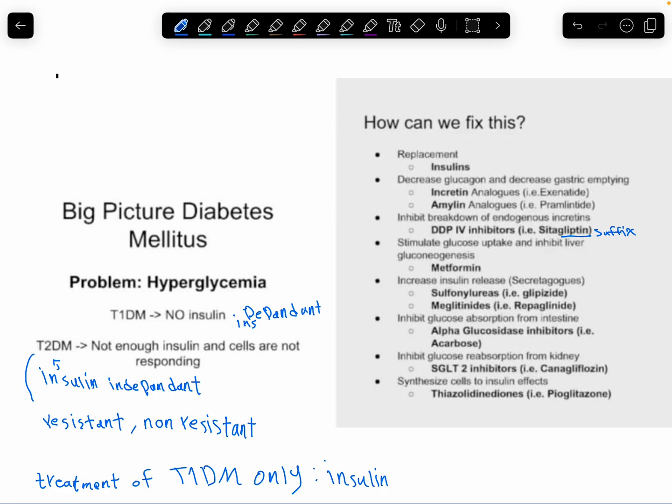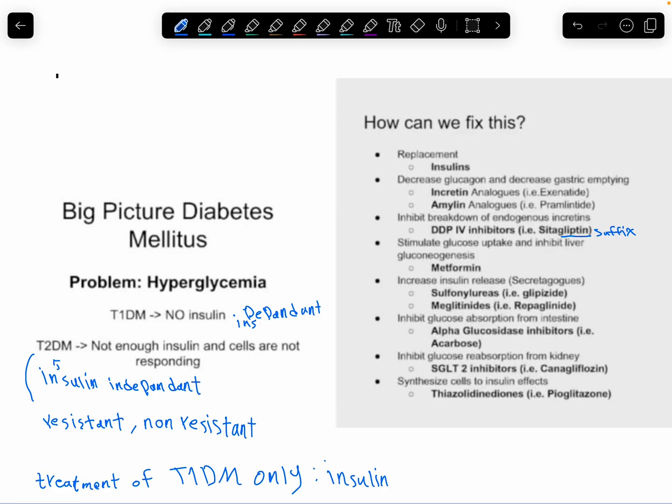SGLT2: S for sodium, GL and T2, glucose co-transporter. So this is another mechanism where we block the glucose from being reabsorbed.